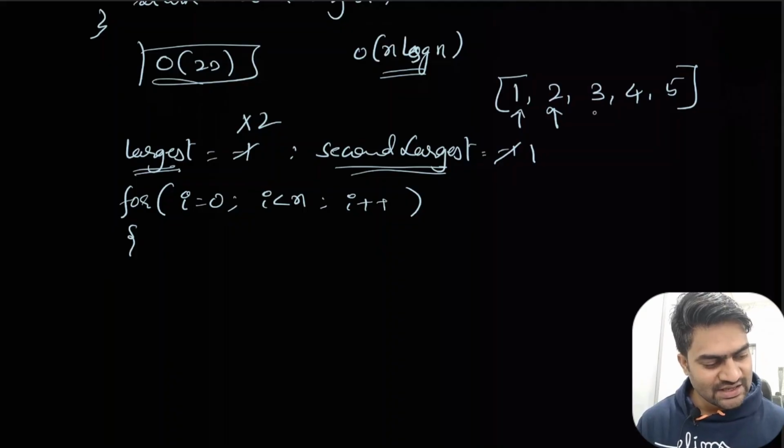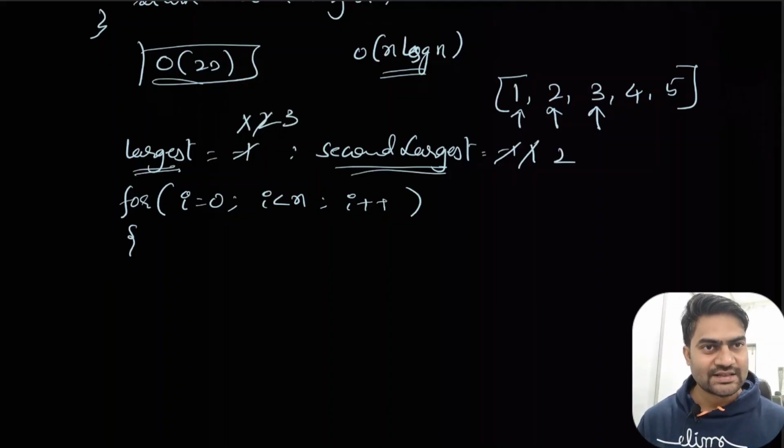Now again I will check 3. Now if you see, 3 is greater than largest, so that will be the largest number till now. Before updating that, I will update second largest with my current largest. So I will update second largest with 2, then I'll update largest with 3. Correct, right?